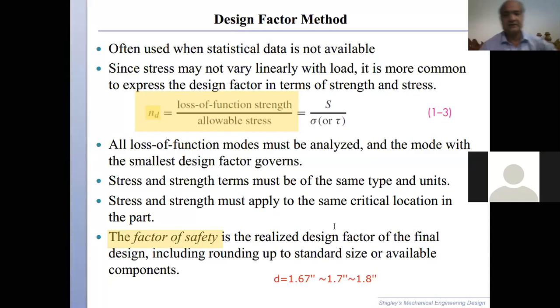And this modification in the geometry will enhance the design factor. At the end, when we calculate the design factor, that is known as factor of safety. It enhances the safety.